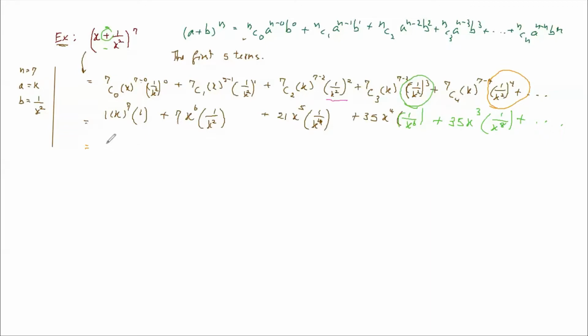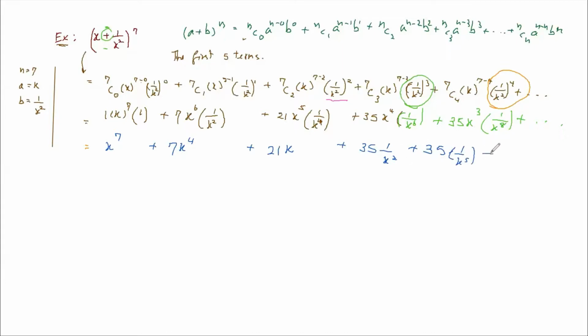and then you simplify, become x power 7 plus, and this one cuts, right? So you have 7x power 4 plus 21. This one cuts, so you left x on the top. This one 35 x, this one cuts, so become 1 times what? X power 2, right? And then this one 35, this one cuts, become times 1 over x power 5. This one you can leave in this pattern.